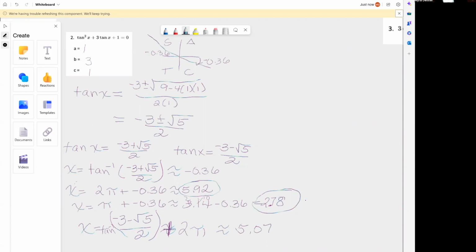And once again, just like I did here, instead of adding 2 pi, the second time I'm going to add pi, and that will give me my other angle. So let's go back to Desmos.